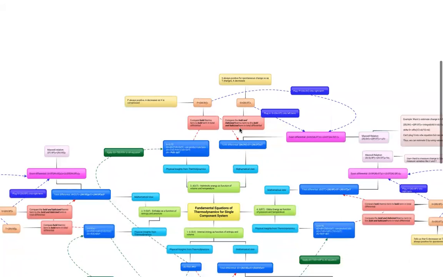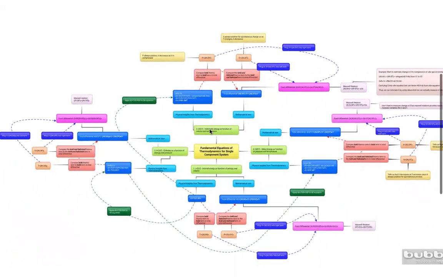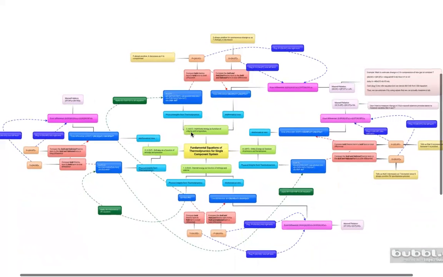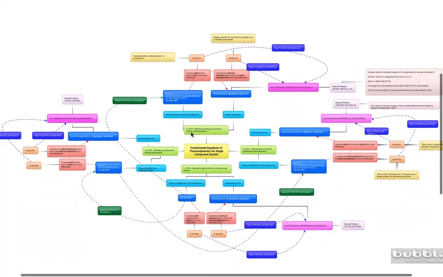Overall, I think the overarching thing I wanted people to get out of my concept map was that we are able to relate these things in many different ways, and they're all interconnected. This is important in a practical sense because it allows us to get things into variables that are more convenient for us to use, like pressure and temperature or volume and temperature.